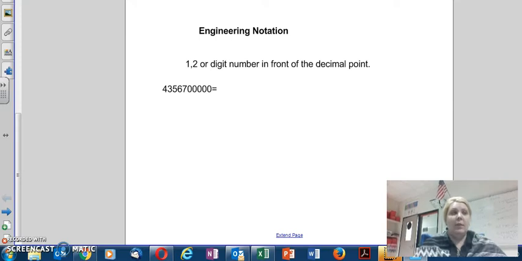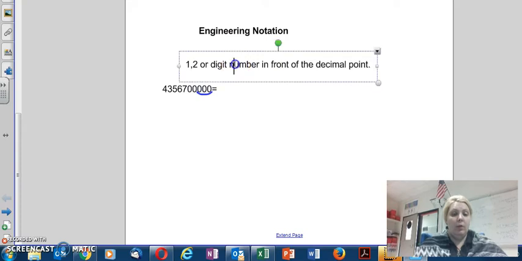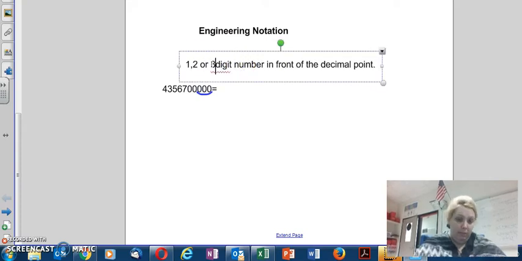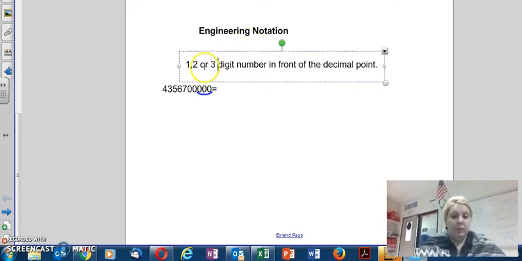But instead of moving by each decimal space, I'm going to go in sets of 3. So I'm going to go 1, 2, 3. And as soon as I went 3, I'm going to check. Is the number in front of my decimal point a 1, 2, or 3 digit non-zero number?